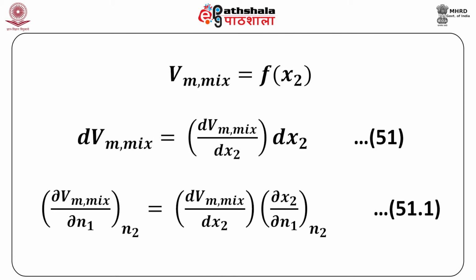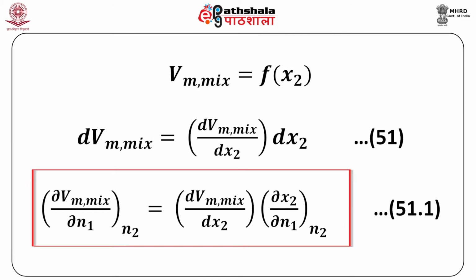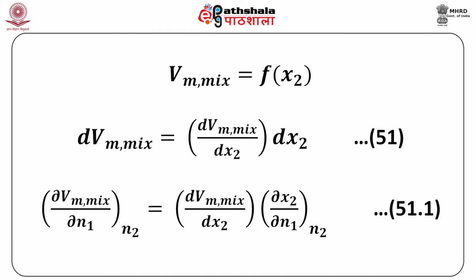Now dividing the equation by dN1 and taking N2 as constant, we get d by dN1 of Vm mix at constant N2 equals d by dChi2 of Vm mix into d by dN1 of Chi2 at constant N2. This is our equation 51.1.